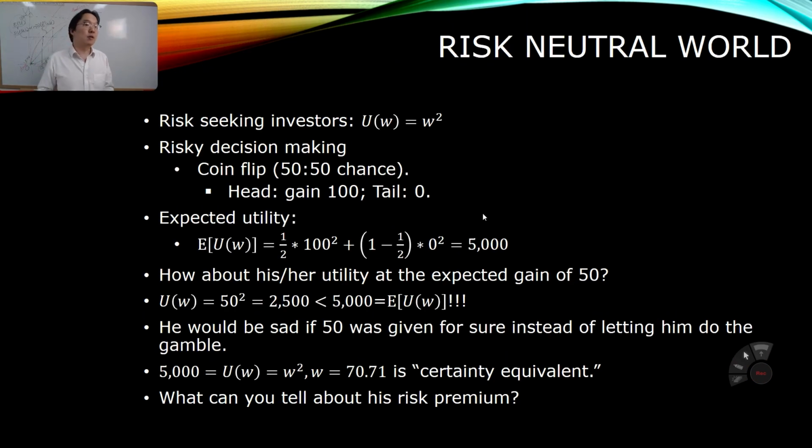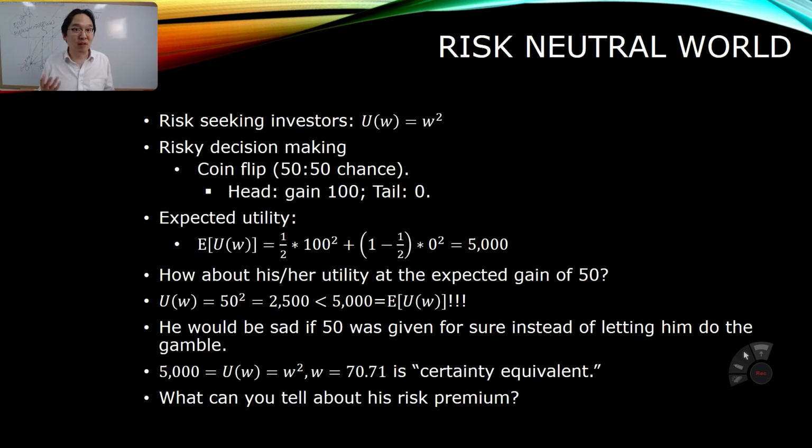And the third agent is risk-seeking investors, with a square function, right? Risky decision making, coin flip, 50-50. Again, 100 and 0. Expected utility is what? 5,000 in this number, right? And how about his or her utility at the expected gain of 50? Well, that is 2,500, which is way lower than the expected utility. Give me some more gambling.